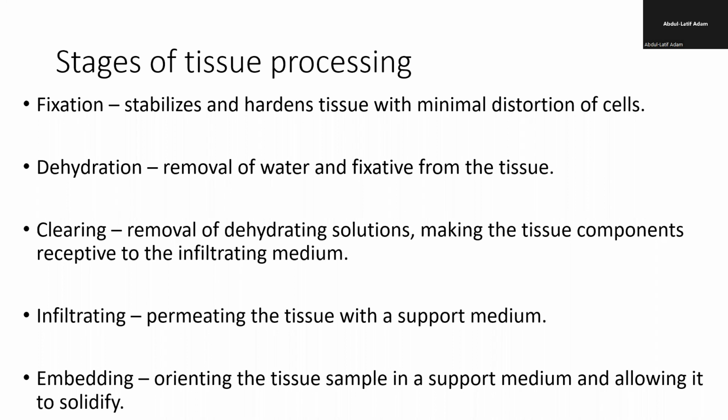So clearing is the removal of the dehydrating agent. Clearing also enables the tissue to be free of unwanted materials like proteins or fats or other things that can contribute to the distortion of the tissue. Xylene also does that, and it also serves as a receptive for the infiltrating medium.